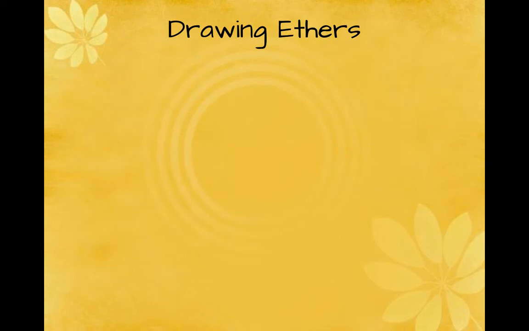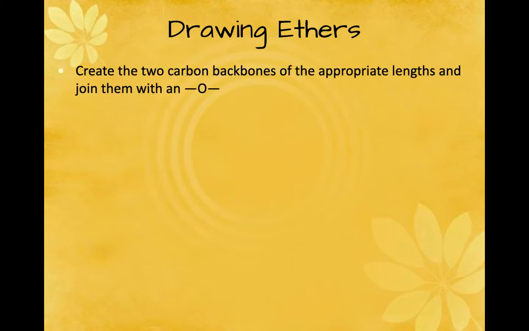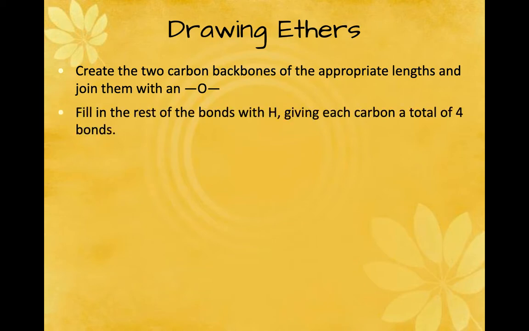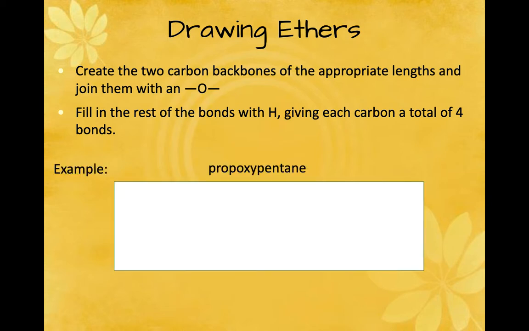And finally, how do we draw ethers when given the name? You create those 2 carbon backbones of the appropriate lengths, as indicated in the name, and then join them with an O. Then fill in all the rest of the bonds with hydrogen so that each carbon has a total of 4 bonds. Here's an example, propoxypentane.